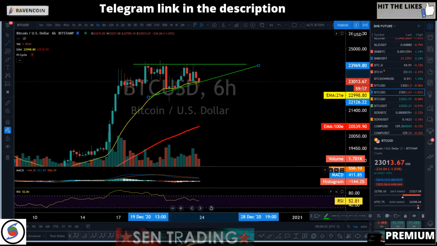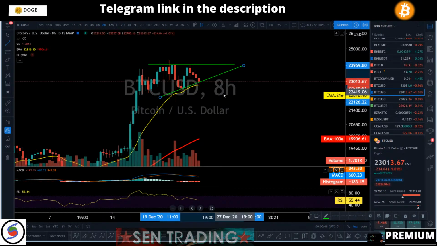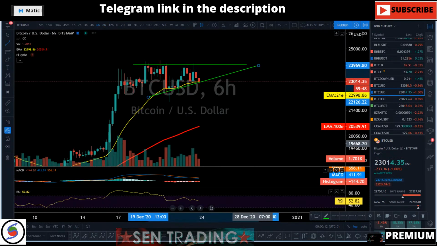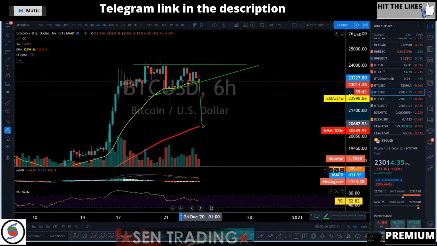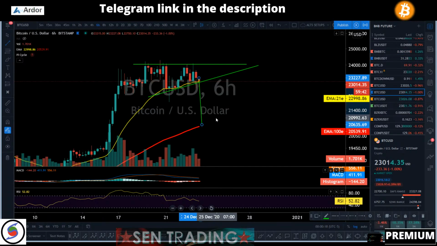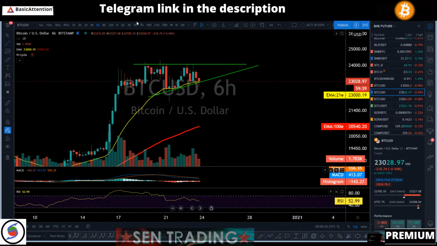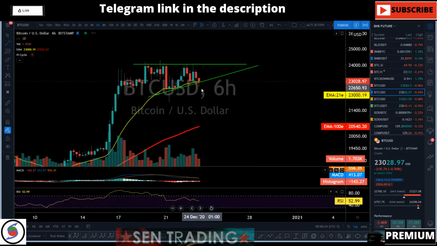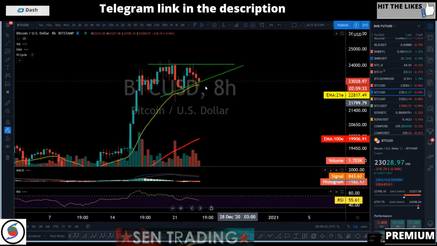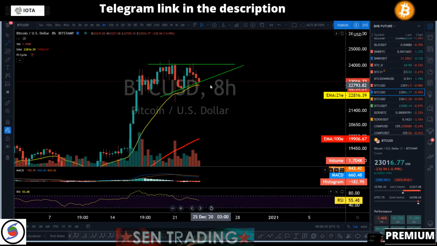The current 6-hour candle is going to close in an hour, right? But what you need to do is switch to your 8-hour, because if you wait for the next 6-hour, it might break to the downside and even drop all the way down to 20k, and you're still going to be waiting for a candle to close. You don't do that. Once the 6-hour closes, you flip to an 8-hour and wait, because you get 2 extra hours.